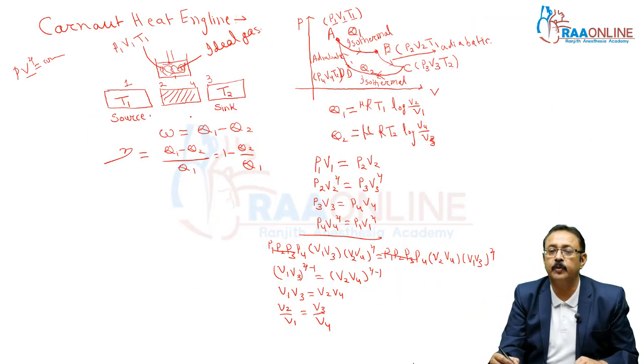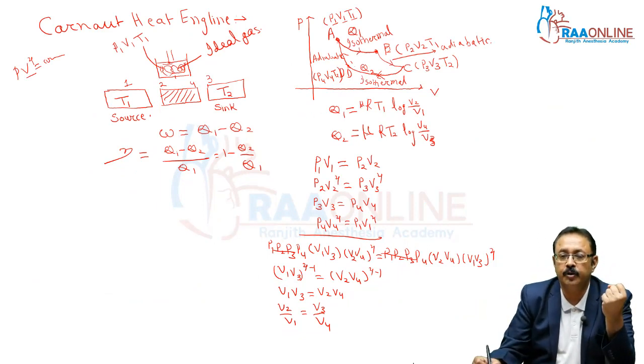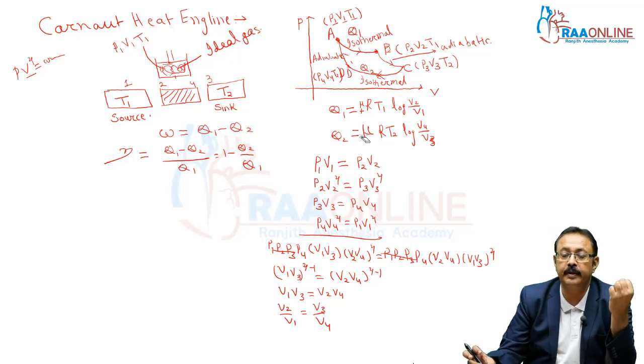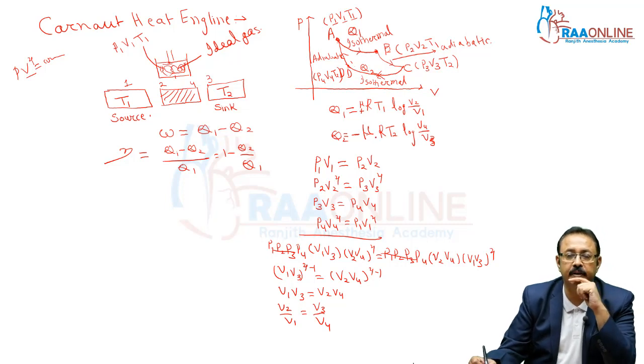So in the first process, the system was absorbing heat, so q1 was positive. In this process, the system was liberating heat to the sink, so q2 should be negative. So we applied that sign convention.